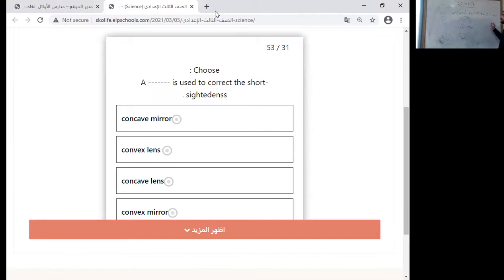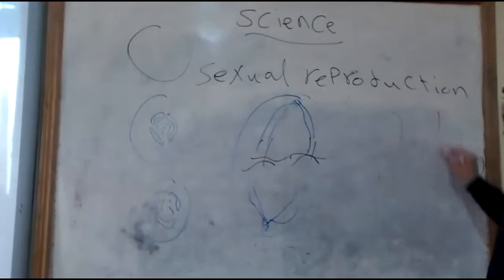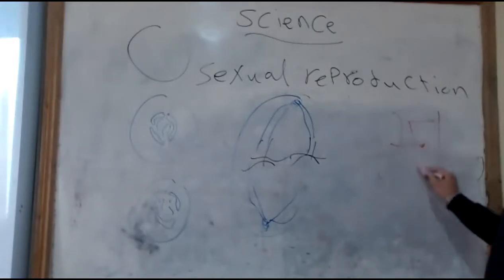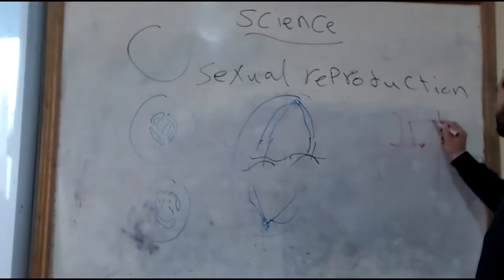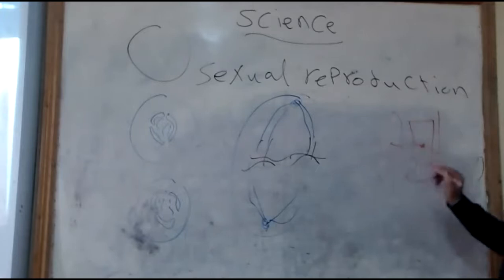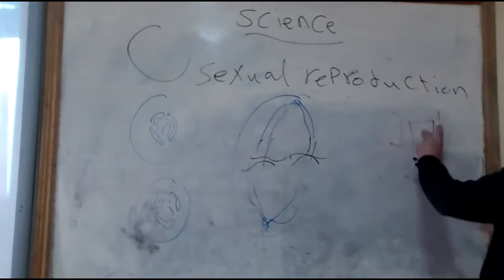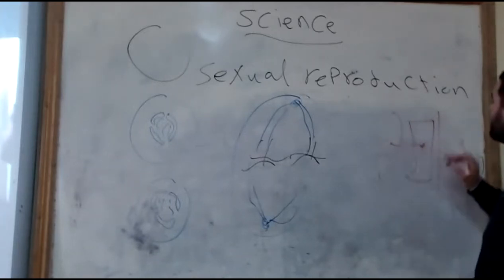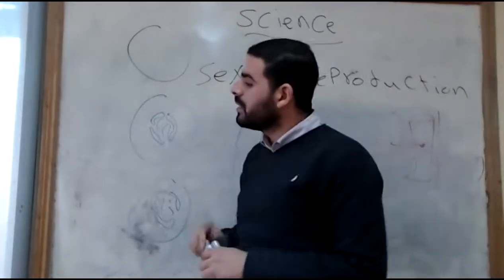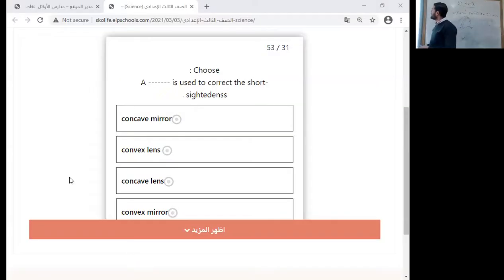So the image is formed in front of the retina. So we must use something to diverge or scatter the light rays before they are collected in front of the retina, so we can use a concave lens. So the lens used to correct short-sightedness is the concave lens.